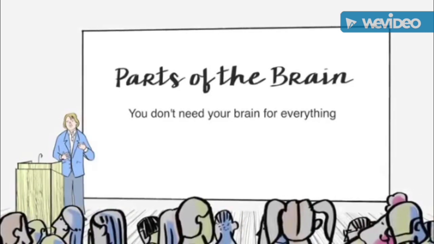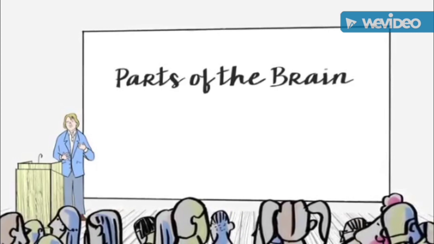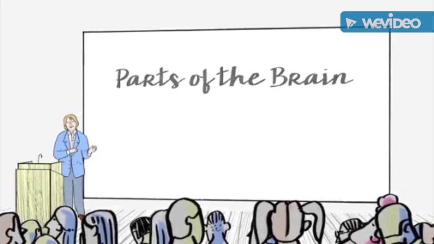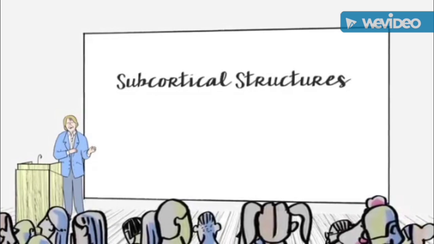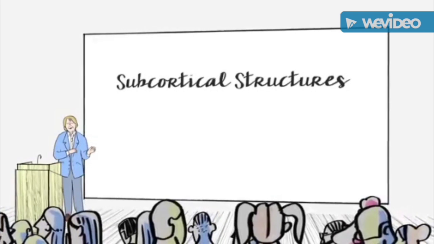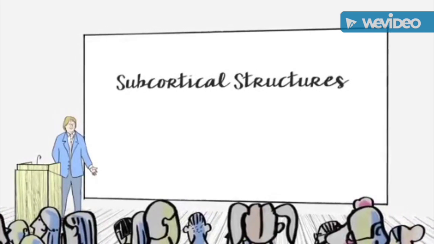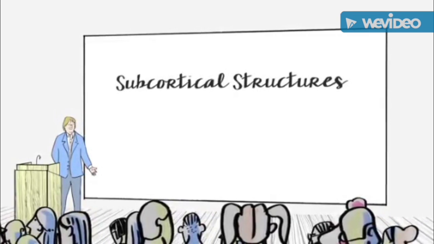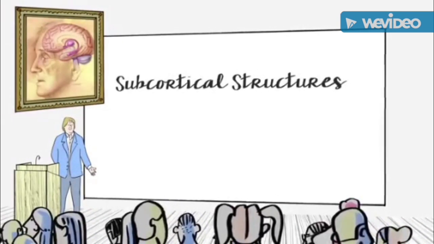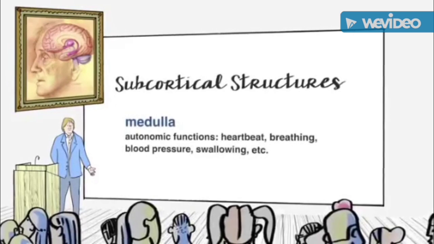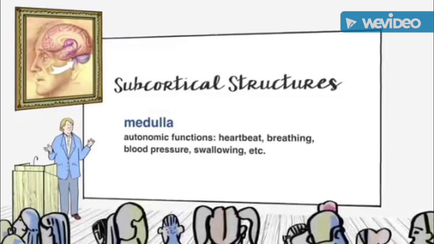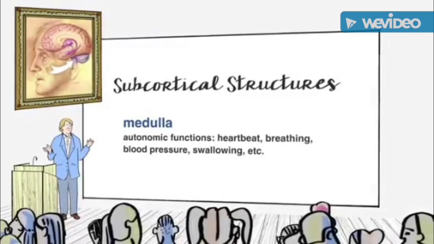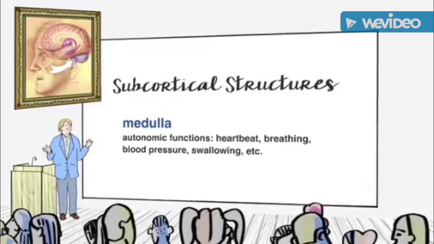So some of the structures of the brain that are highly relevant are called subcortical, which means they're below the cortex, which means they're in the center of the brain. This includes parts of the brain like the medulla, which controls certain automatic functions like your heart rate, your blood pressure, swallowing, and so on.